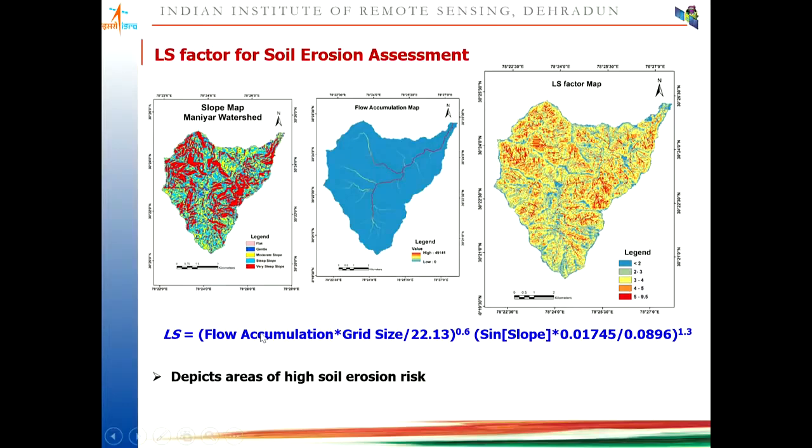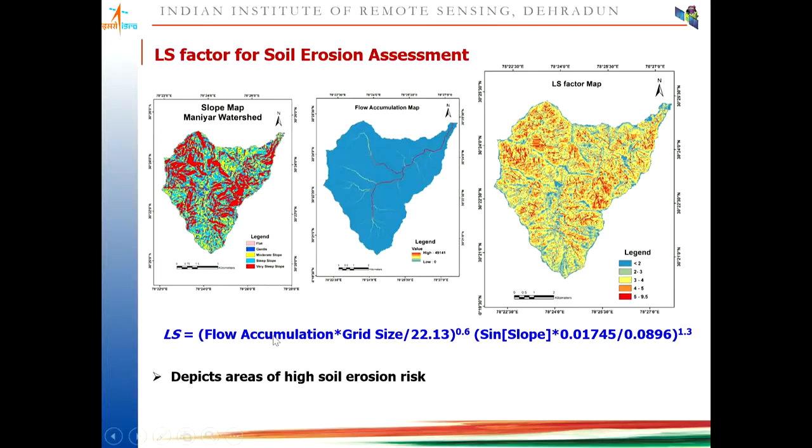Suppose there is a number of 10 and pixel size is 20 meters; it is receiving water from 10 pixels, so you multiply and it becomes 200. So 200 will be the length of the slope.